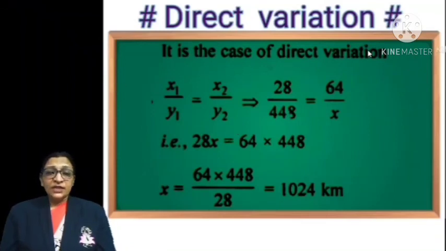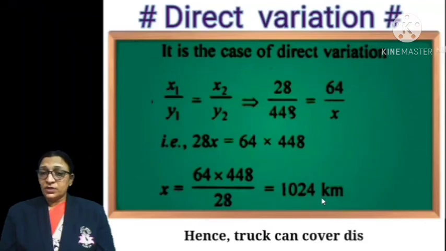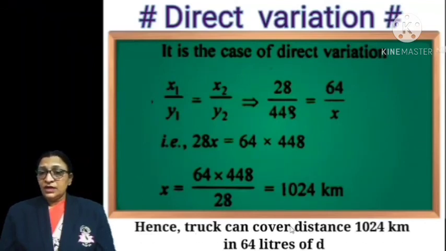This is the case of direct variation. So 28 upon 448 is equal to 64 upon x. For calculating the value of x, we will transpose. So we'll get 28 x is equal to 64 into 448, and x is equal to 64 into 448 upon 28. On computing, you will get 1024 kilometers, the distance covered by the truck. So we can say that the truck can cover a distance of 1024 kilometers with 64 liters of diesel.